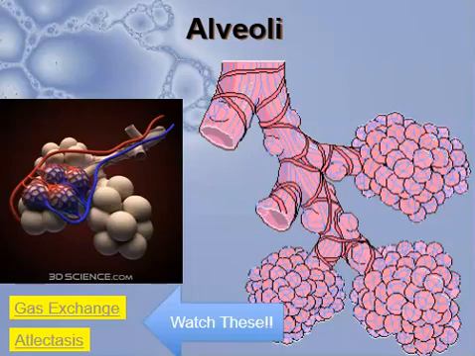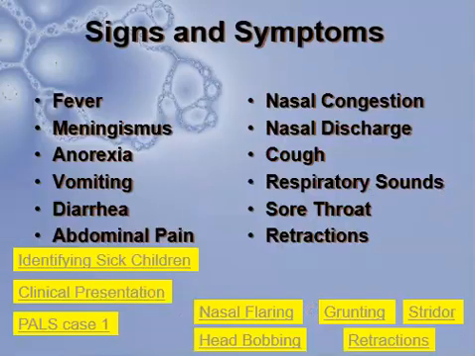So a respiratory distress, respiratory disorder would be fever, stiff neck and headache, anorexia, vomiting, diarrhea, abdominal pain. So if an infant and small child have issues with the respiratory system, they're going to have upset stomachs and GI issues as well. They're just so close in infants and small children.